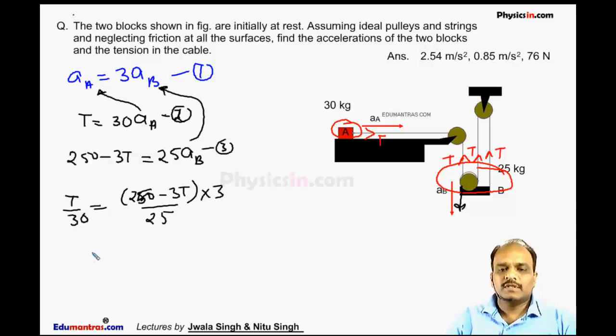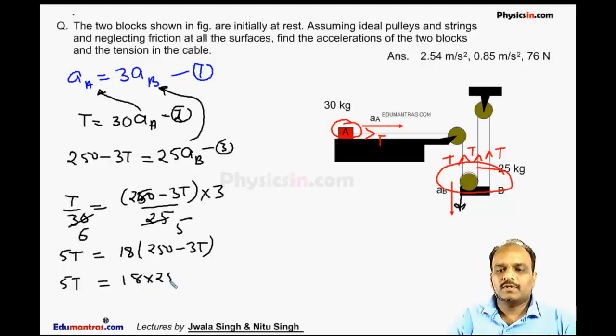So from here we can say 6 and 5, so 5T is equal to 18 into (250 minus 3T), or 5T is equal to 18 into 250 minus 18 into 3T.